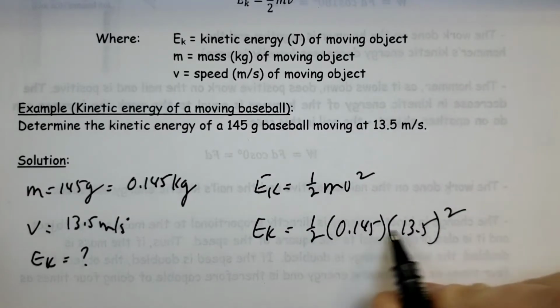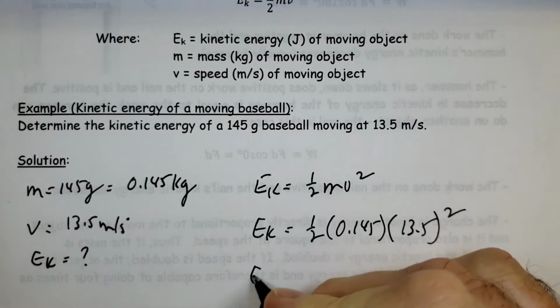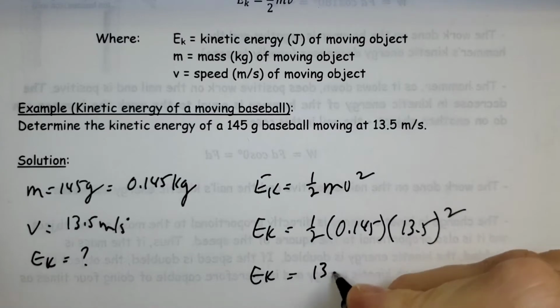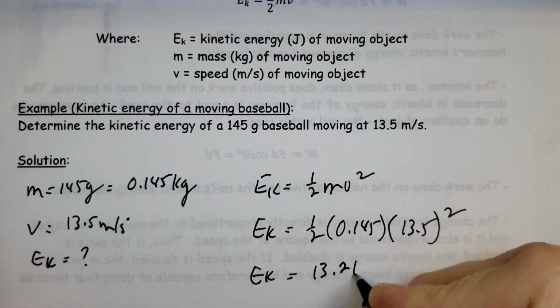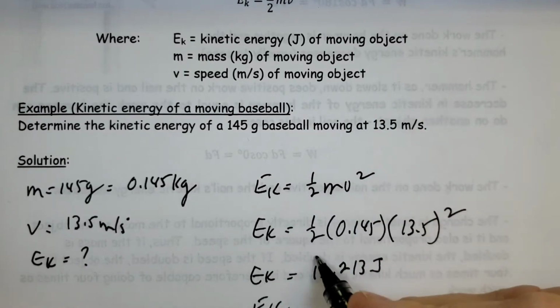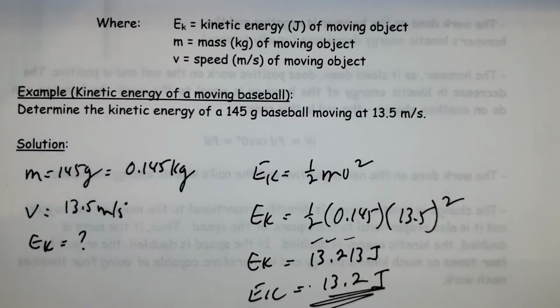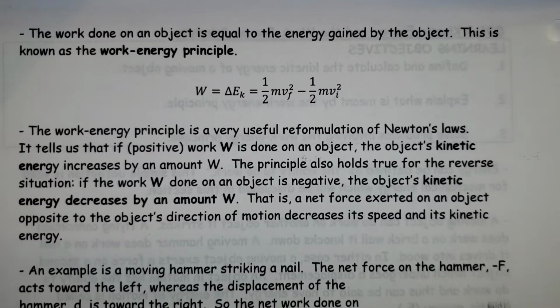Now, of course, BEDMAS, you have to do exponents before multiplying, so make sure you do that. 13.213 joules. And if we round that off to 3 sig figs, that's 13.2 joules.